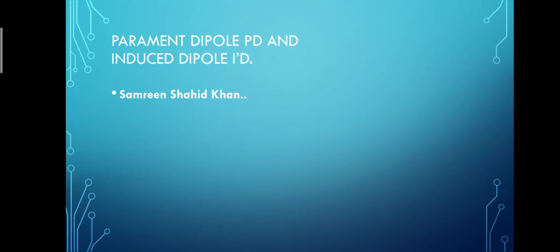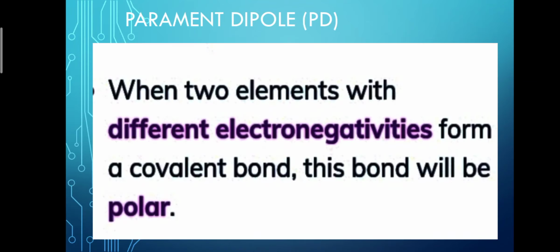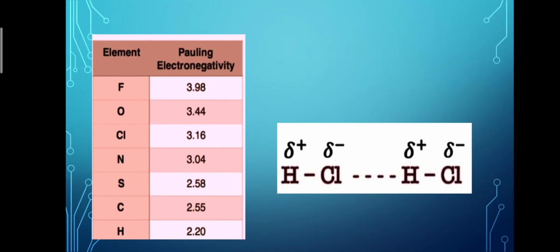Now let's dive into the topic. Permanent dipole. When two elements with different electronegativities form a covalent bond, this bond will be polar. For example, HCl.